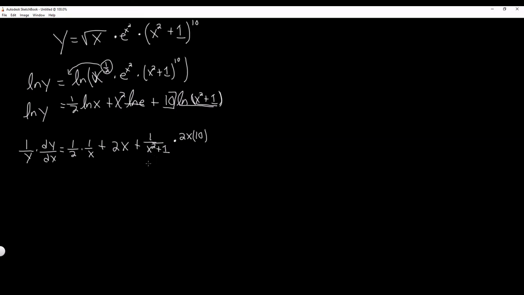Okay, so we need to do a little bit of simplifying. 1/2 times 1 over x is just 1 divided by 2x, plus 2x is fine, it doesn't need to be simplified, plus 2x times 10 times 1 divided by x squared plus 1 is just 20x divided by x squared plus 1. And the left-hand side remains the same.